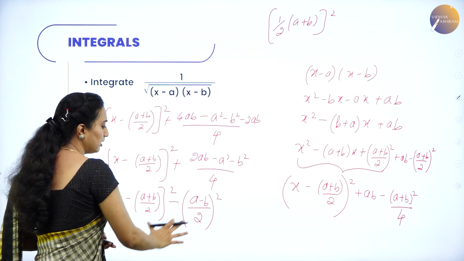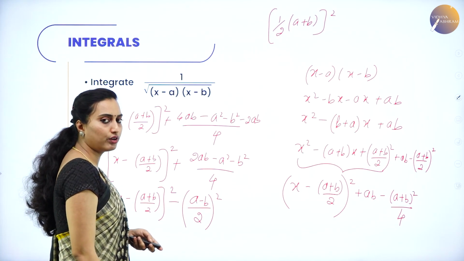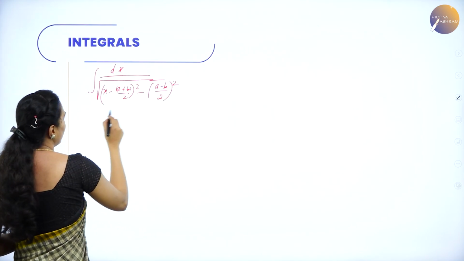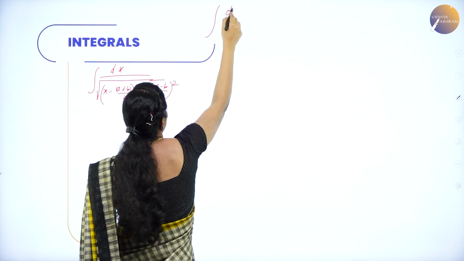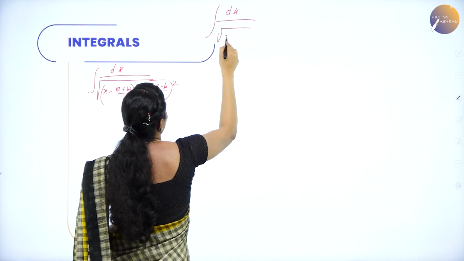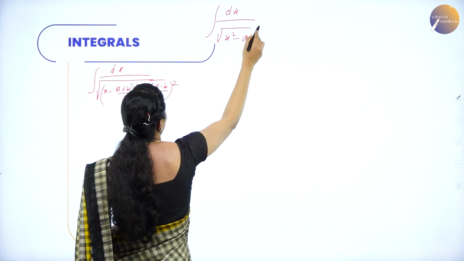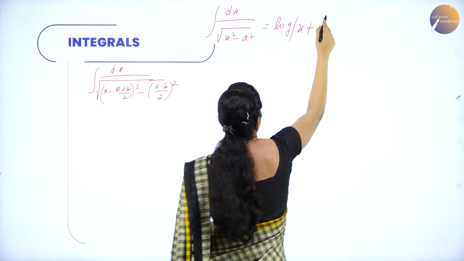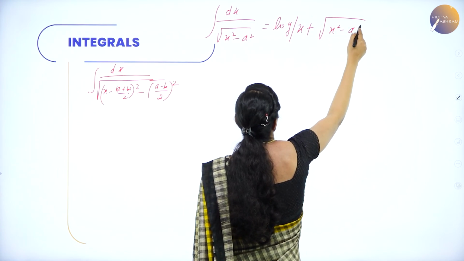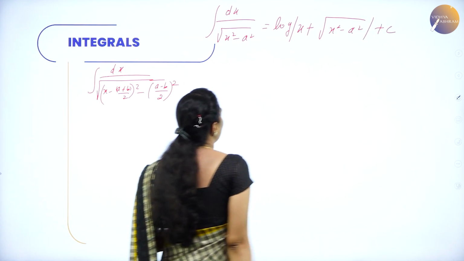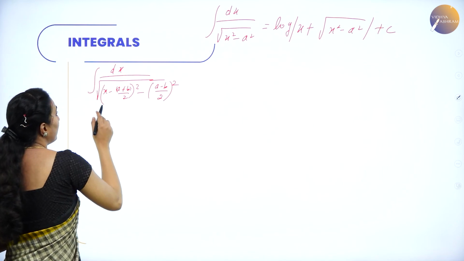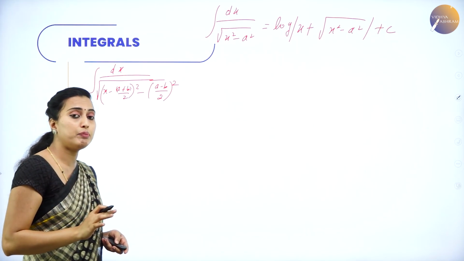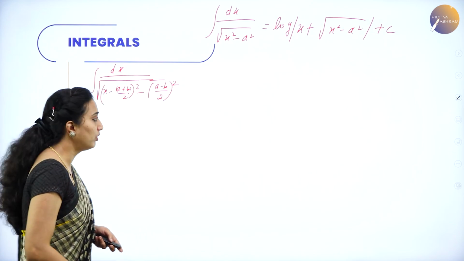Replacing this, what we have reduced according to the completing square method, this will give you the integral of dx divided by under the root of x squared minus a squared, giving you log of modulus of x plus under the root of x squared minus a squared plus c. Writing in that form, x replaces x minus (a plus b) by 2 and a replaces (a minus b) by 2.